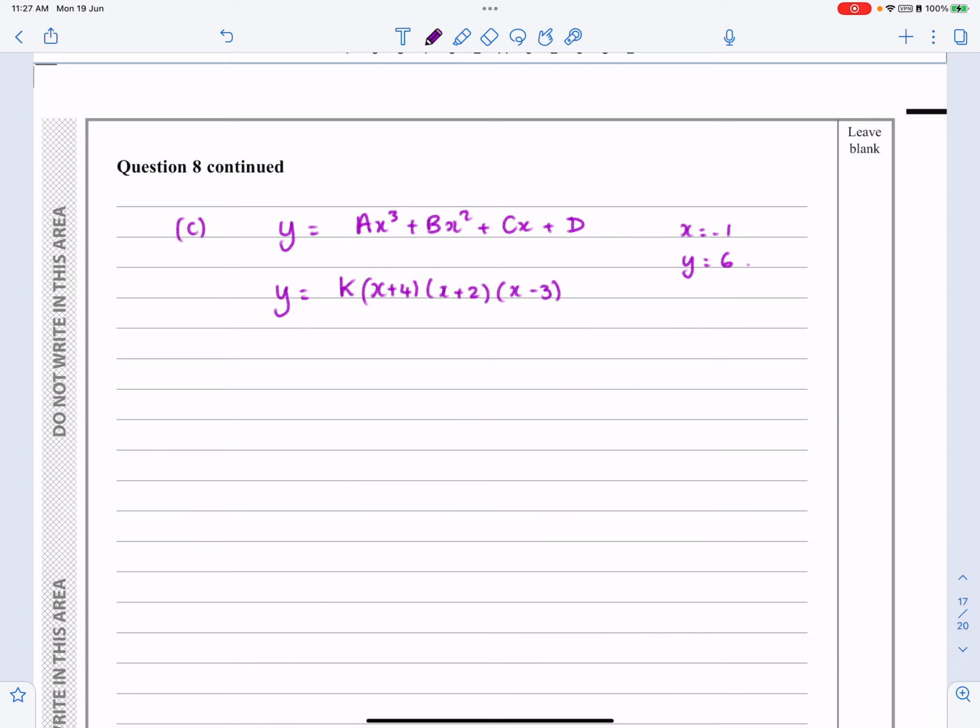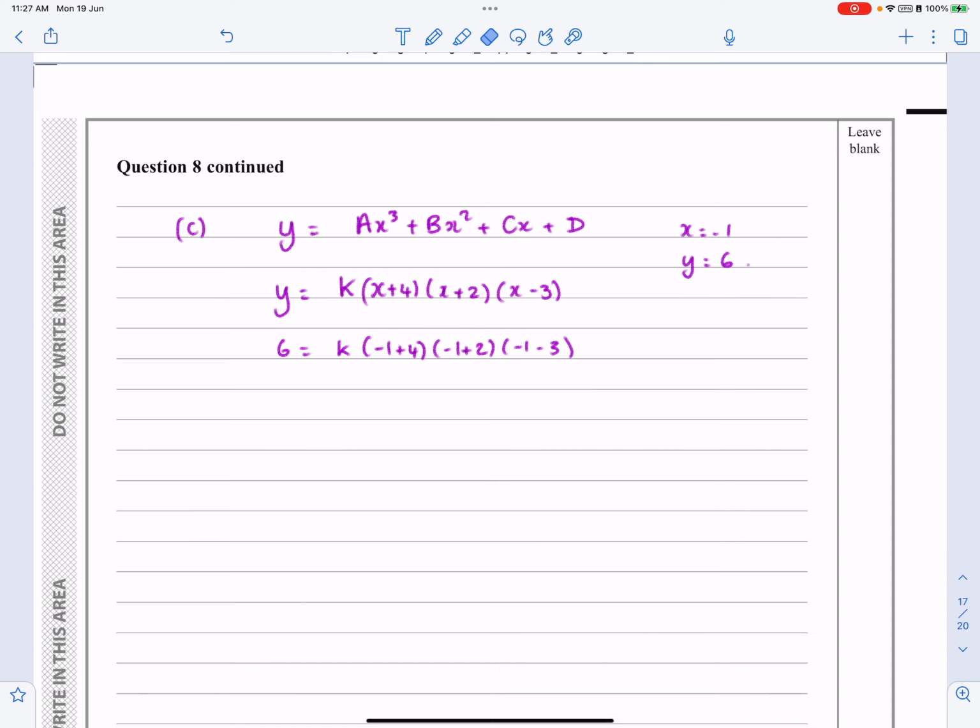because we've got the x equals minus 1 and y equals 6, let's work out what k is going to be equal to. So if x equals minus 1, y equals 6 is going to give me k(minus 1 plus 4)(minus 1 plus 2)(minus 1 minus 3) there. That tidies up to, is it minus, oh, it's not minus 6, apologies, it's 6 there.